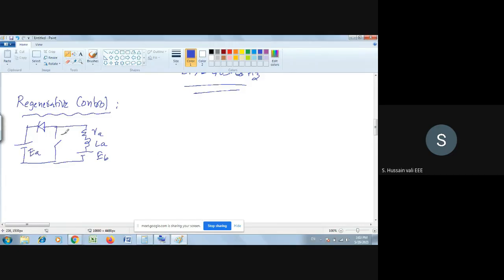The load we have taken is the same RALA only. There is nothing much to do here except one important thing: what E naught waveform we will get here. That is the more interesting thing now.